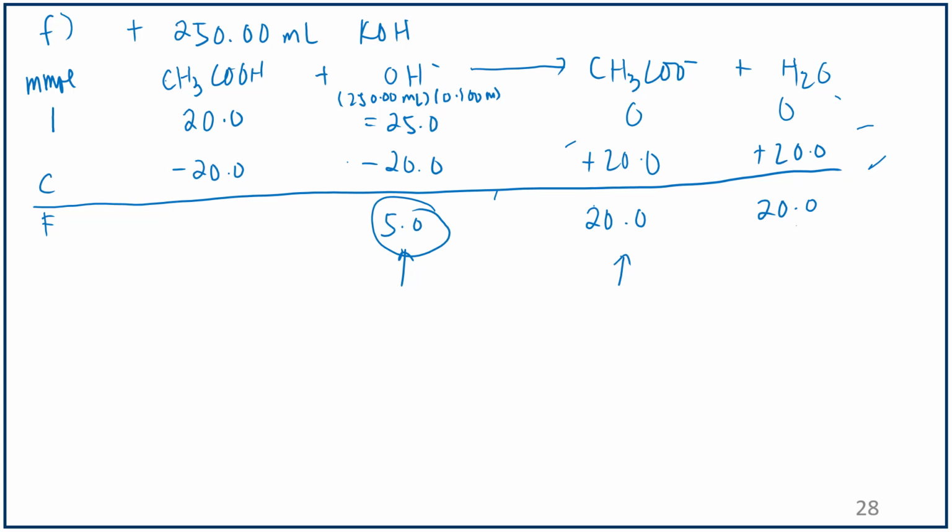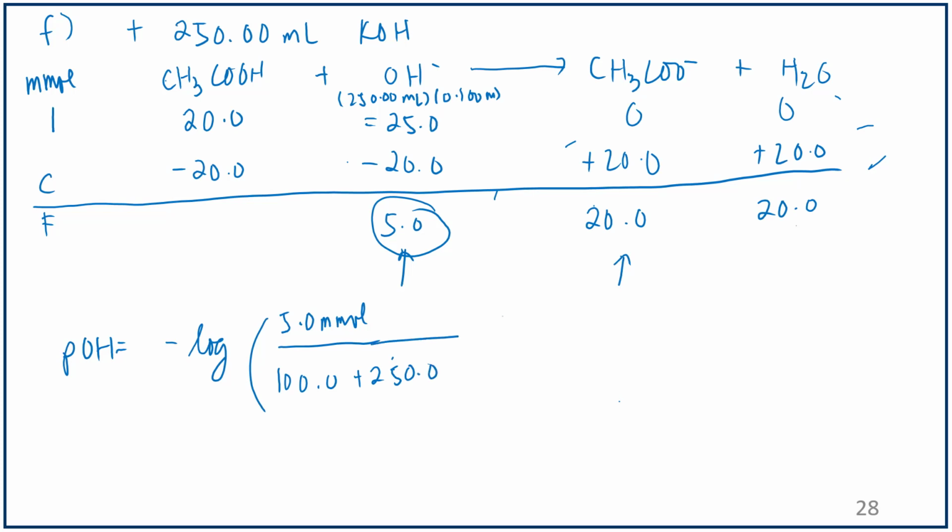So here, therefore, the pOH of the solution should be equal to negative log of the concentration of this excess OH minus. So that's 5.0 millimoles divided by the total volume, which is 100.0 plus 250.0 ml.